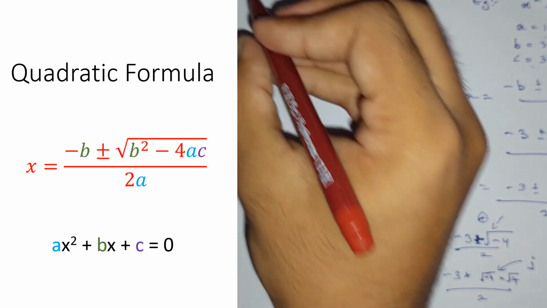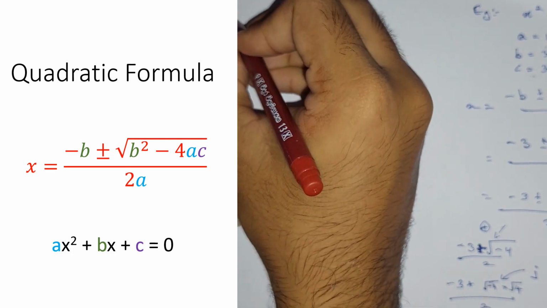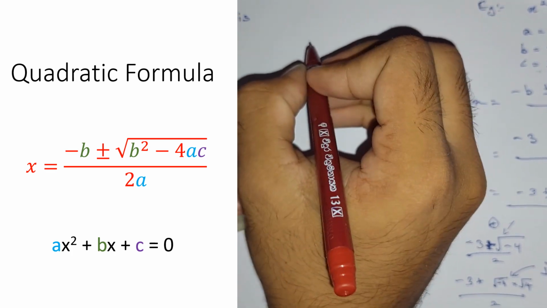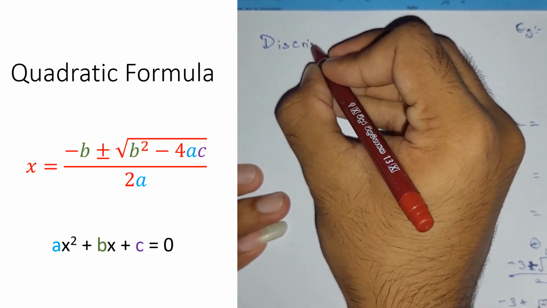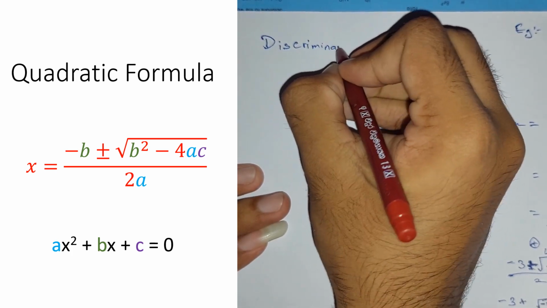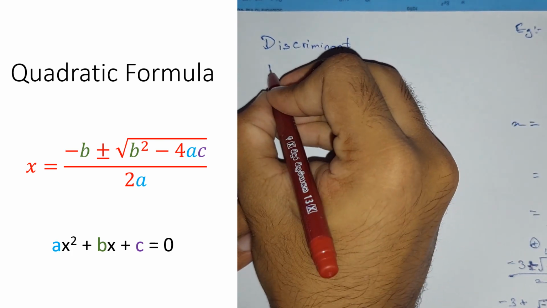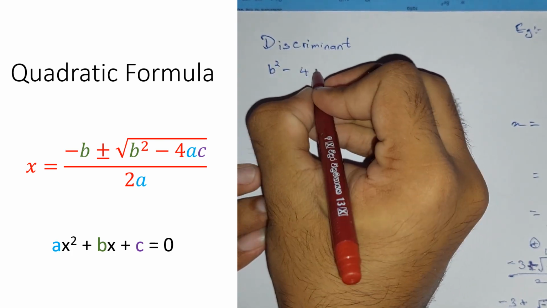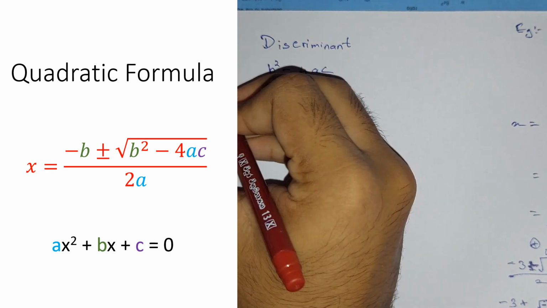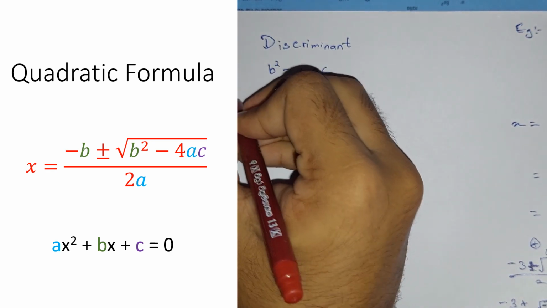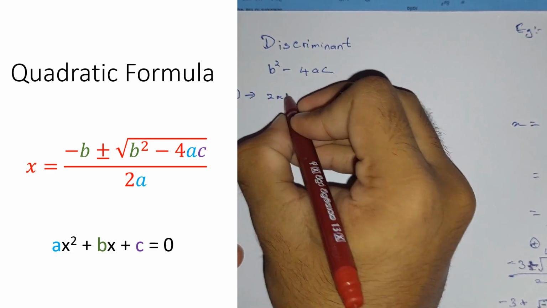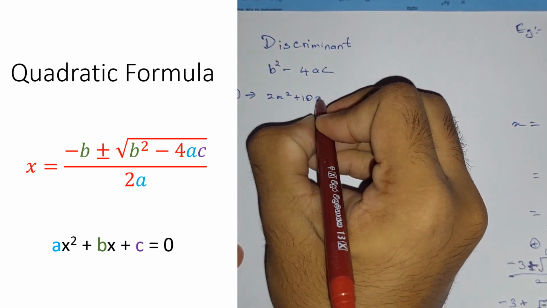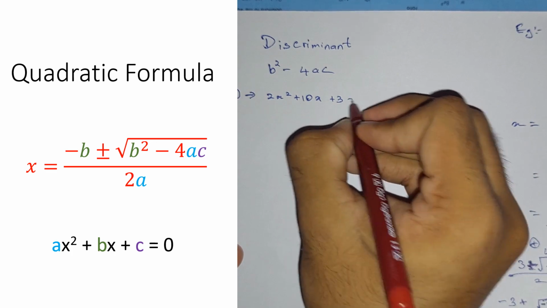So we take the discriminant, b squared minus 4ac. For the first example we used, it was 2x squared plus 10x plus 3 equals 0.